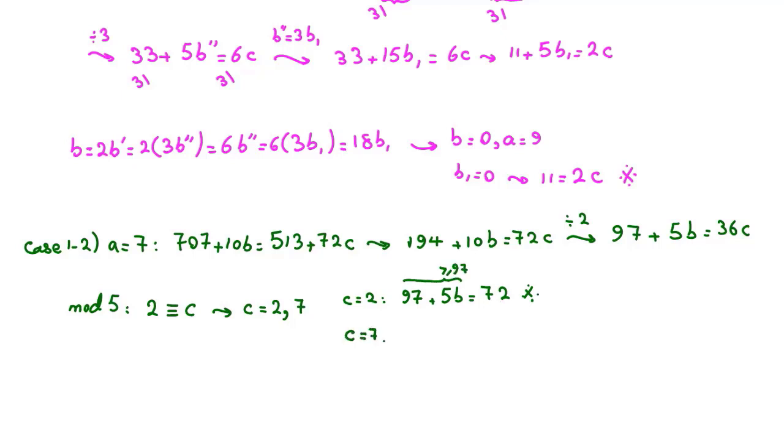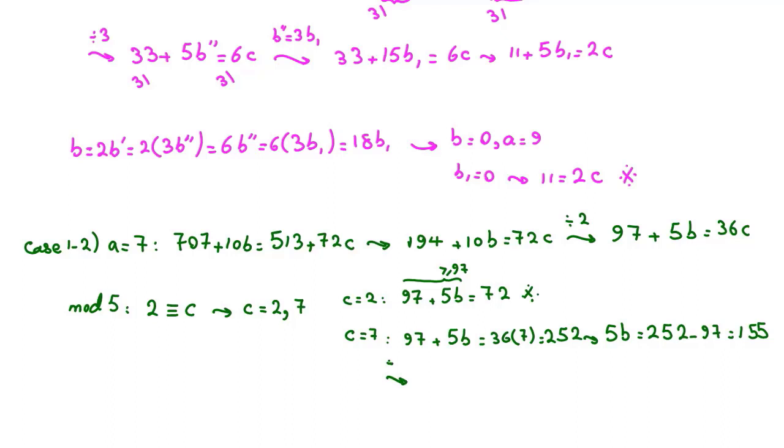Now let's check c = 7. So it will be 97 plus 5b equal to 36 times 7. 7 times 6, 42. We have 4. 7 times 3, 21 plus 4, 25. Now we conclude 5b equal to 252 minus 97, which is 155.